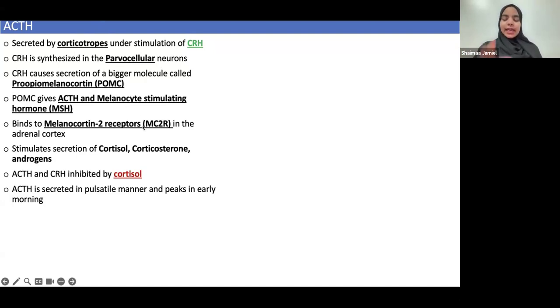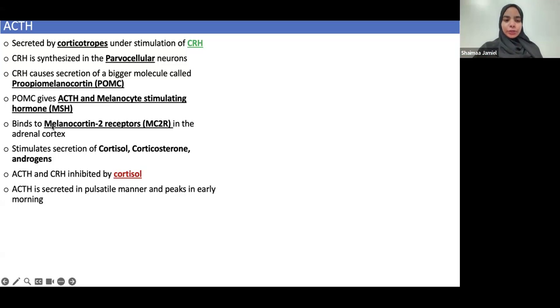POMC has the ACTH part, which is going to stimulate cortisol, corticosterone and androgens in the adrenals. And another hormone, melanocyte stimulating hormone or MSH, which is going to be important later, basically stimulates the synthesis of melanin, which is the pigment of the skin.